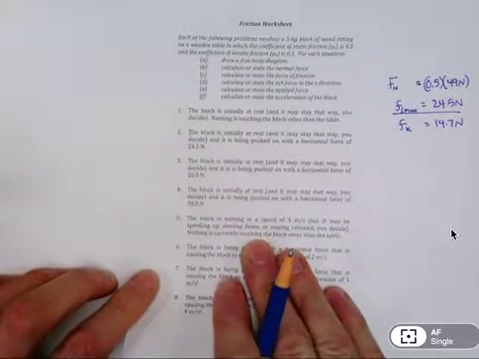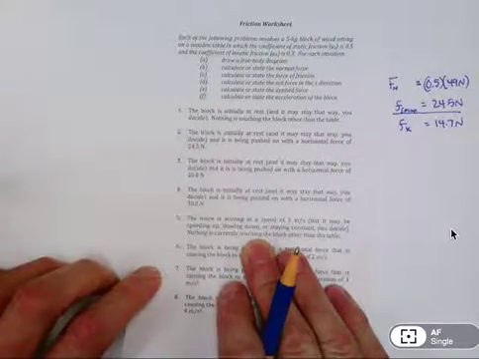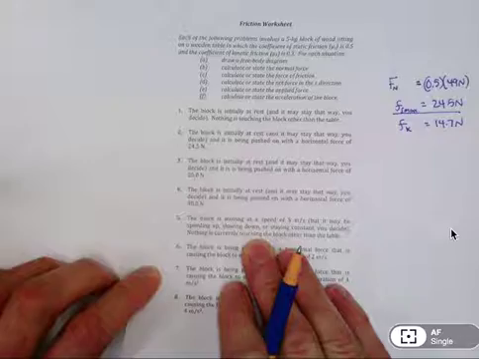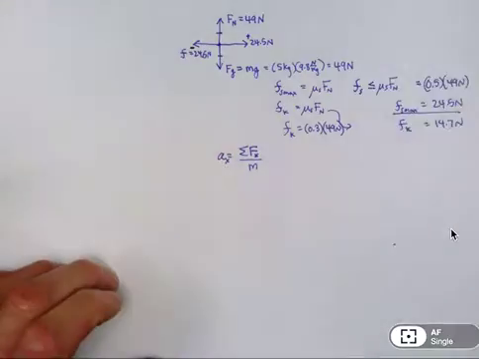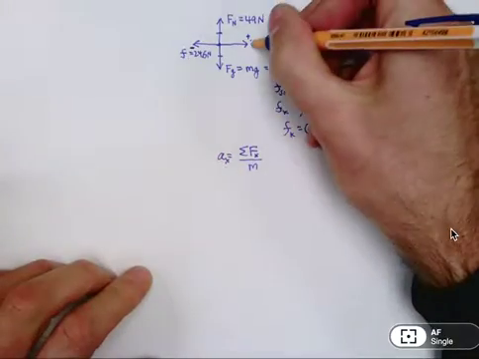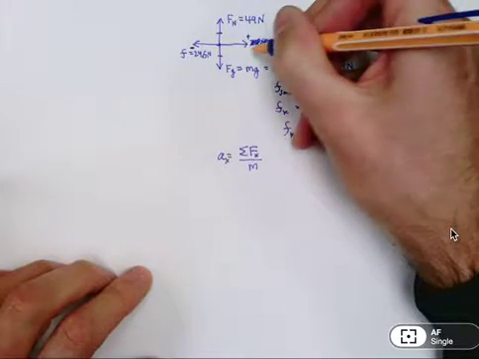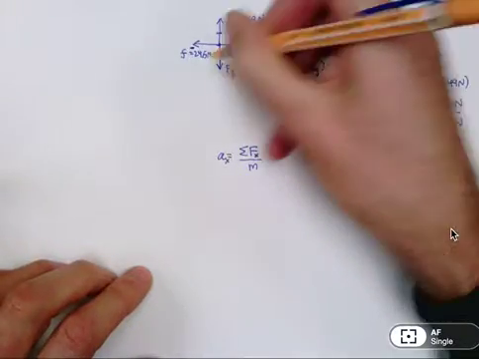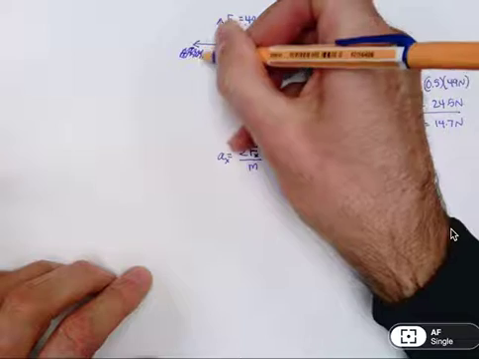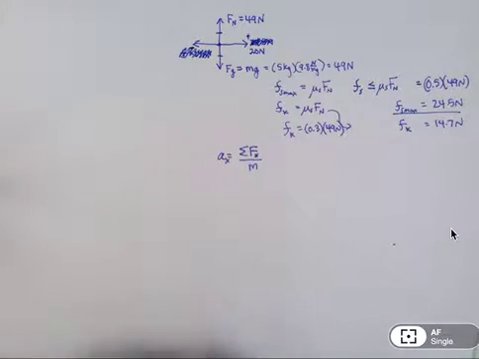The only difference in question number 3 is that the person is pushing forward with a force of 20 newtons instead of 24.5. So let me get messy here, let me change this to 20 newtons. And for now then, let me cross off this. So here again, it says that the block is initially at rest.